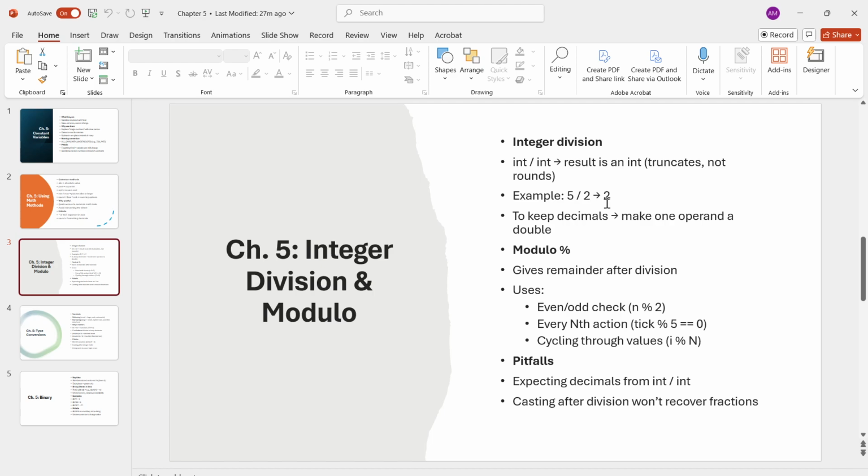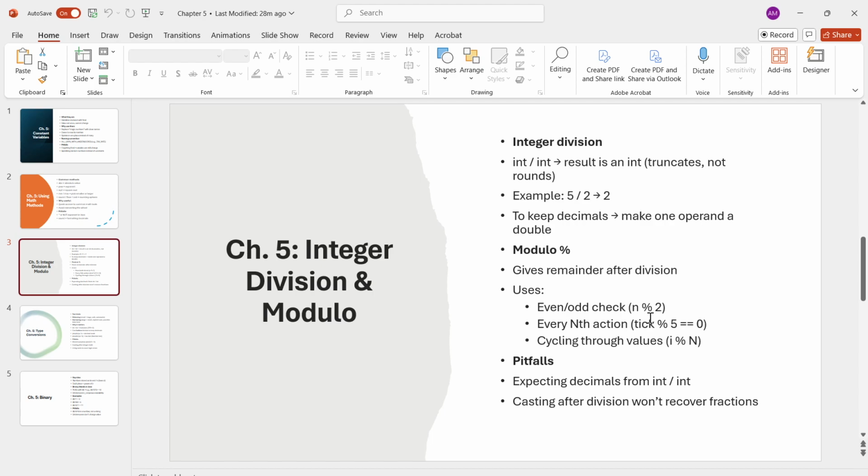Now it's decimal math. 7 modulo 2 gives you 1, which is odd. 16 modulo 5 gives you again 1, since 15 fits. Remainder 1. So don't expect decimals from int divided by int. If you need a fractional part, convert before you divide.